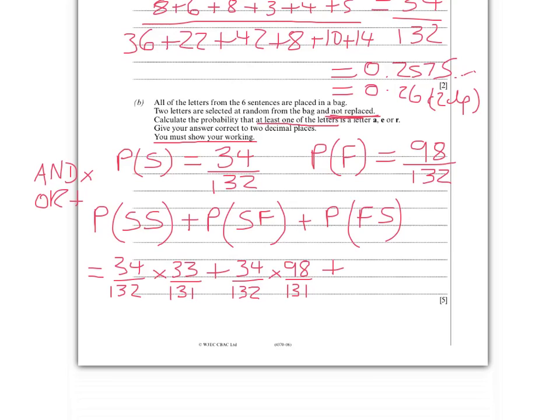Then our last OR is if the probability of the first one is a failure and the second is a success. So that means that we've got 98 out of 131 with our first choice, and we're going to multiply that. We've still got 34 tiles in the bag that are AERR, and that is going to be over 131. Sorry, that previous one should be 132.